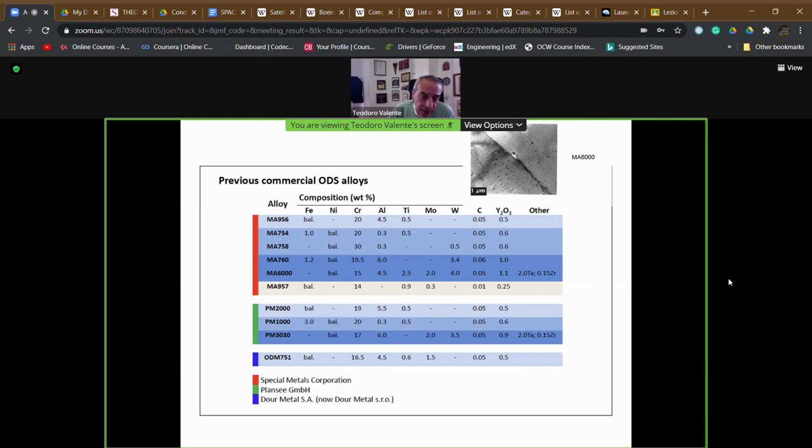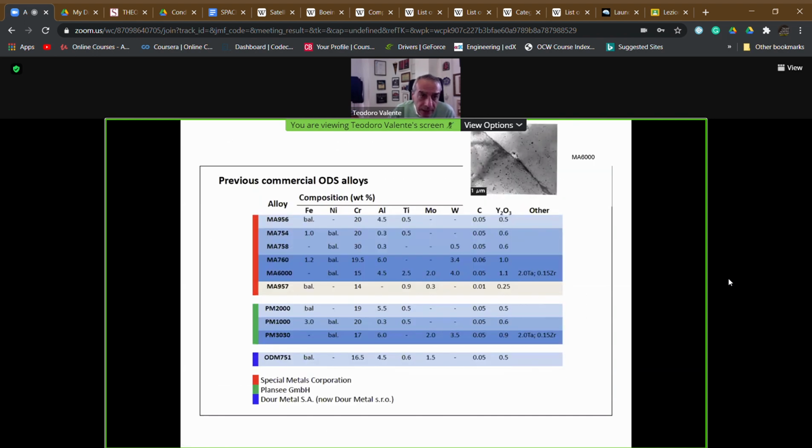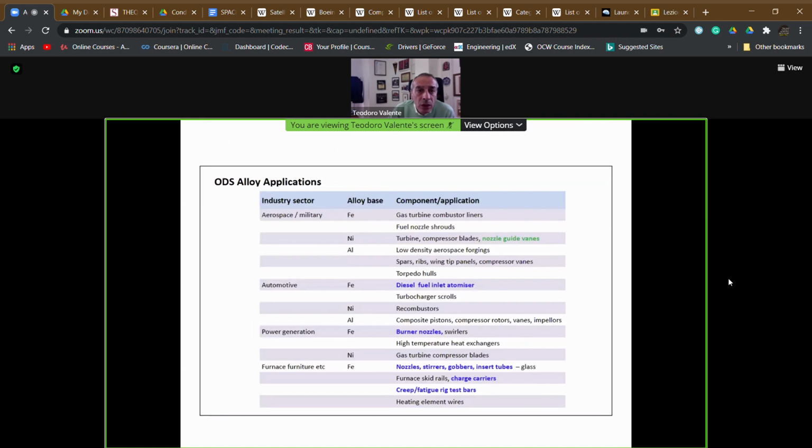The first two letters MA mean mechanically alloyed, or the first two letters PM mean that they are powders used for powder metallurgy technology in order to obtain the final components. So we have a panorama of the most common ODS powders which can be found on the market.